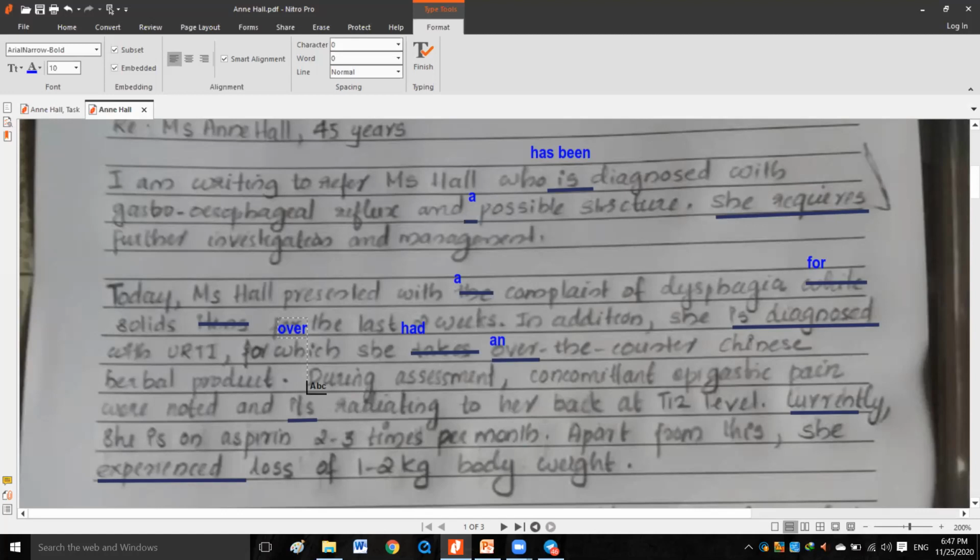It's more professional to write "on examination" instead of "during assessment."